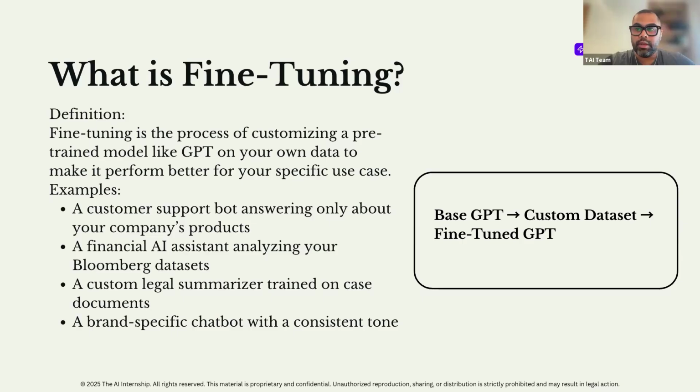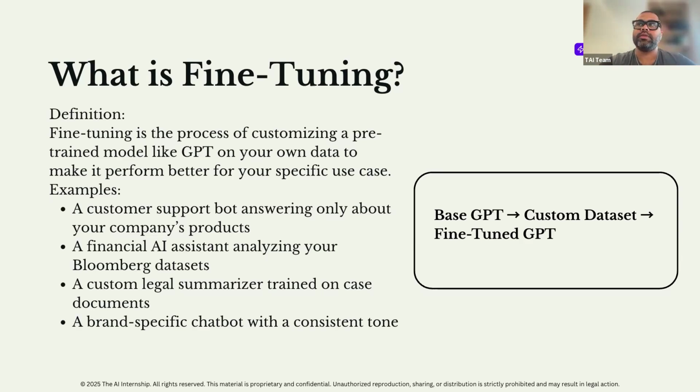But you can fine-tune these models. For example, with GPT-4o or 3.5, you can get a customized version of that model with your dataset and have it available for your own workflows. It's going to be quite useful.